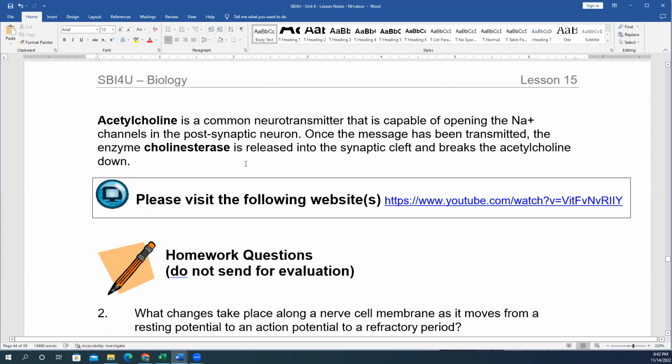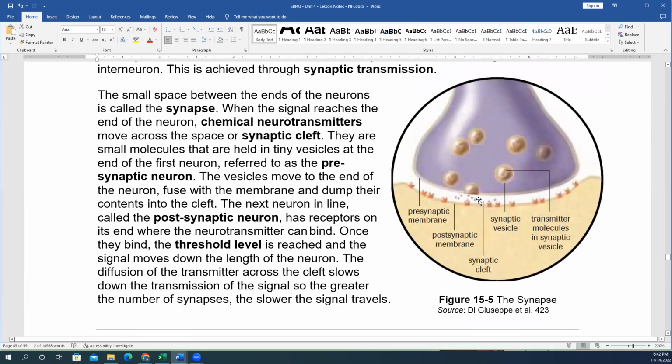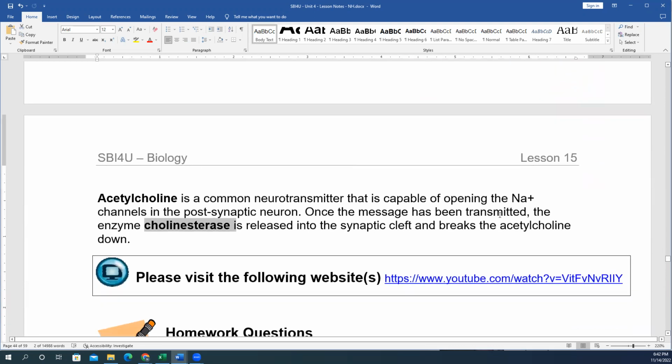Once that message gets transmitted, another enzyme called choline esterase gets released back into the synaptic cleft to break down any extra acetylcholine that may be left behind, to then end that signal.